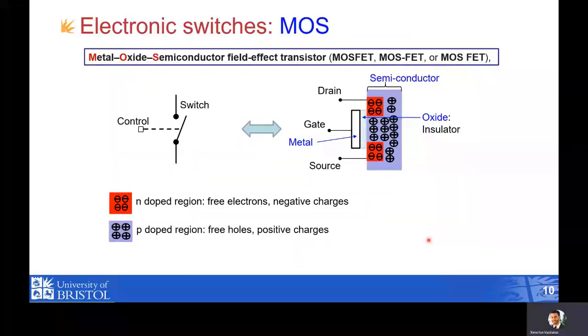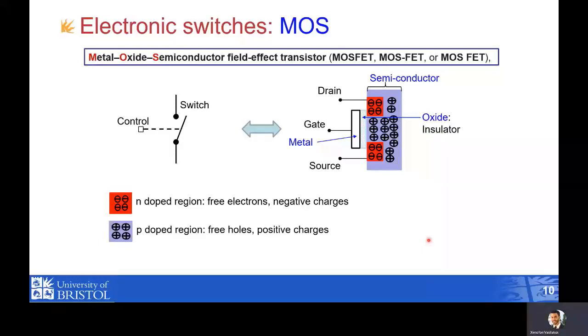We implement them with metal oxide semiconductors, the so-called MOS. Now, by far the most widely used one is a MOSFET. A MOSFET is the most widely used transistor in digital electronics, as well as in analog circuits.